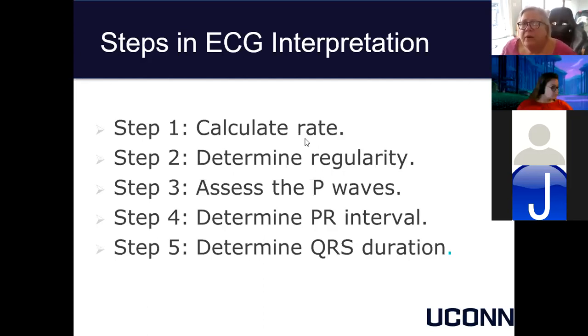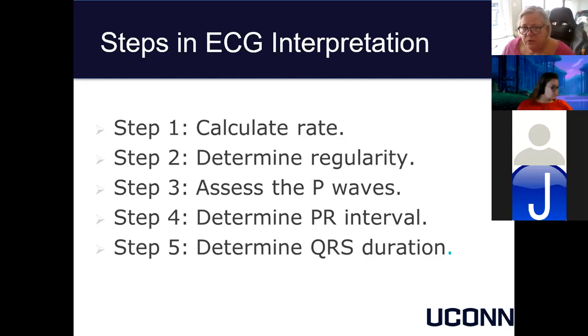So you figure out your rate. Is it bradycardic, as expected, or tachycardic? Is it regular, regularly irregular, or irregular? Are there P waves associated with each QRS? If they are associated with each QRS, what is the PR interval?